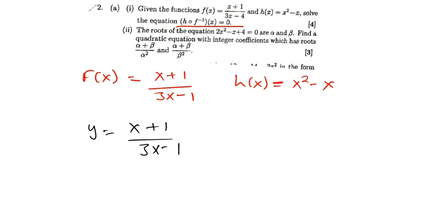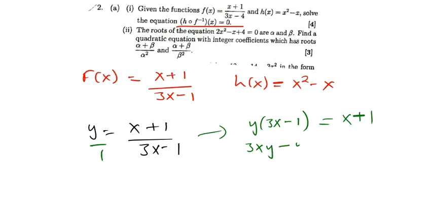So if I cross multiply, we end up with y multiplying everything on the denominator, so 3x minus 1, equal to x plus 1. Then we have 3xy when we multiply by y, equal to x plus 1.